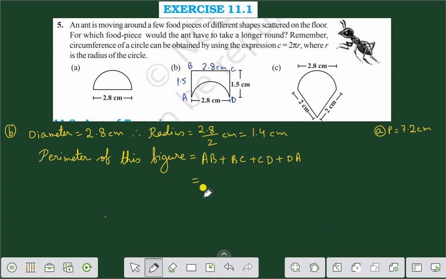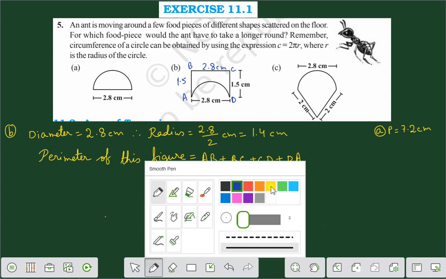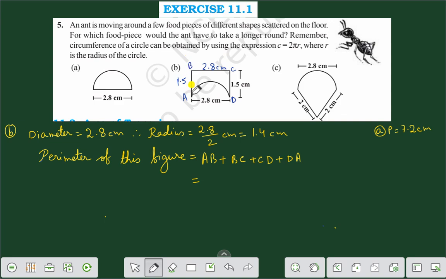Now if we add this, the length of AB is 1.5 plus length of BC is 2.8 plus length of CD is 1.5 plus the length of the curved part DA.